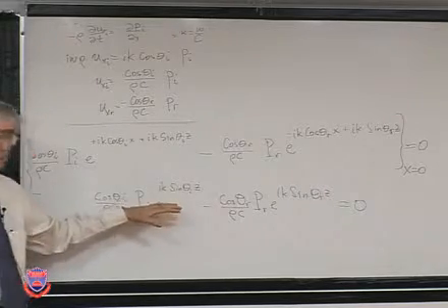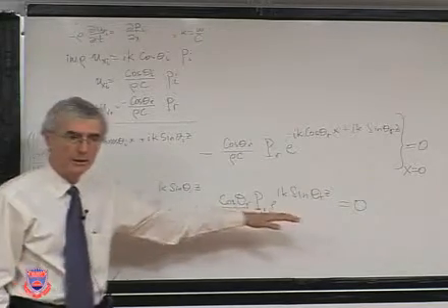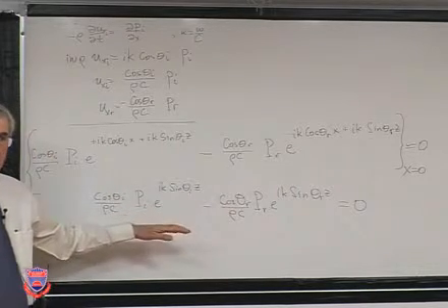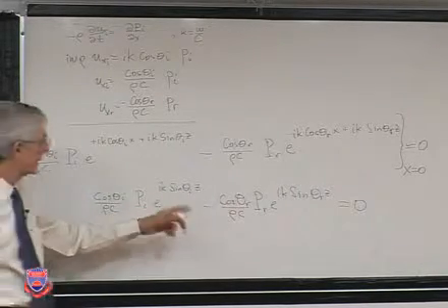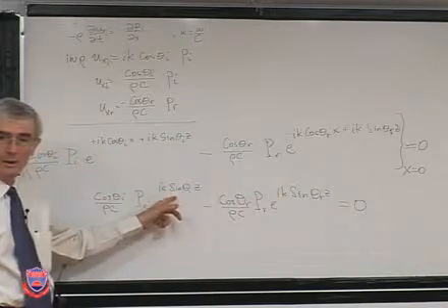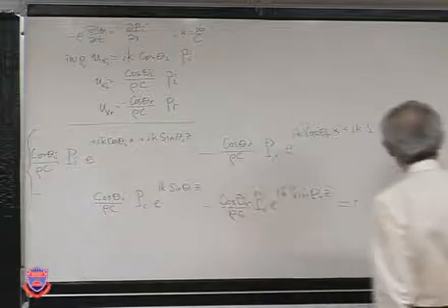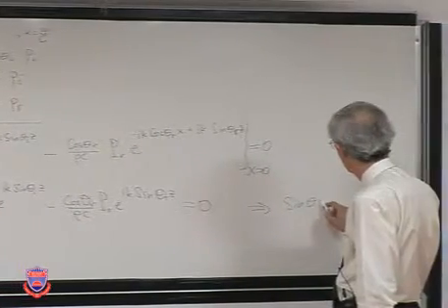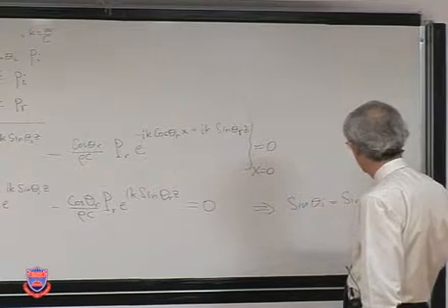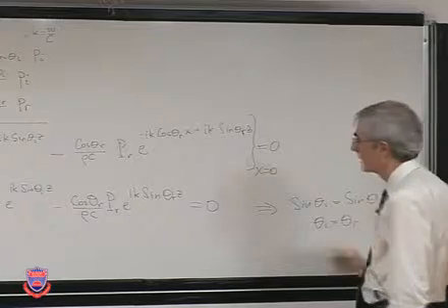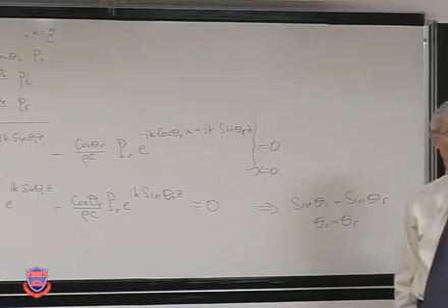You realize that whenever you have an equation like this, for it to be satisfied under all conditions, the exponents must be the same. And from there, we now say sine theta i must be equal to sine theta r. So the incidence and reflection angles are the same.